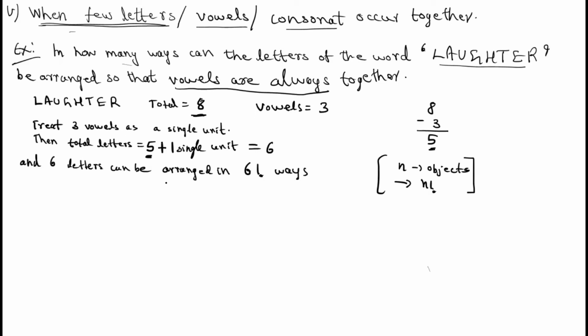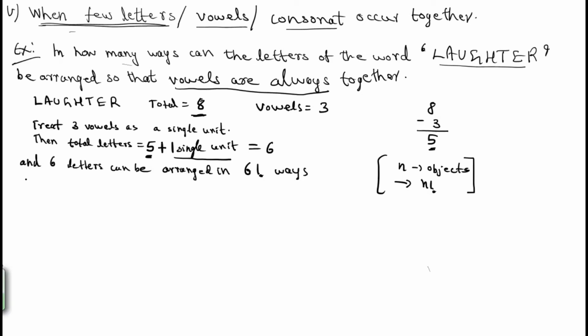Similarly, 6 letters can be arranged in 6 factorial ways. But what is our observation? In those 6 factorial arrangements, each arrangement has one single unit, and that single unit has 3 letters.